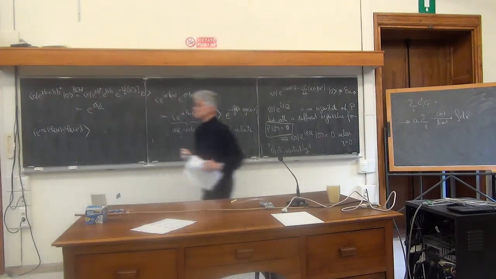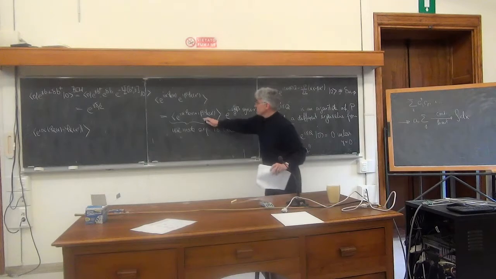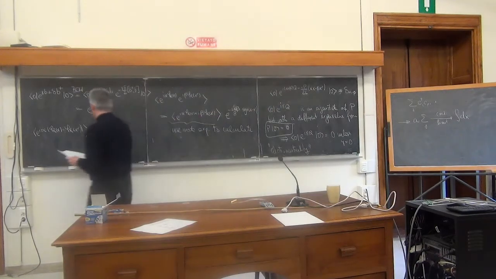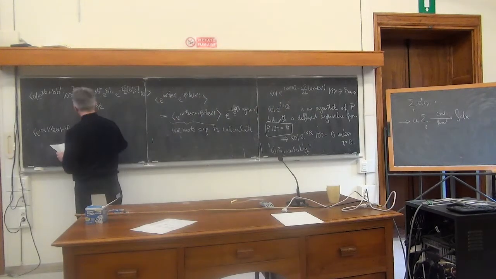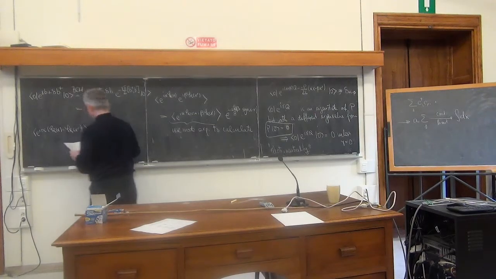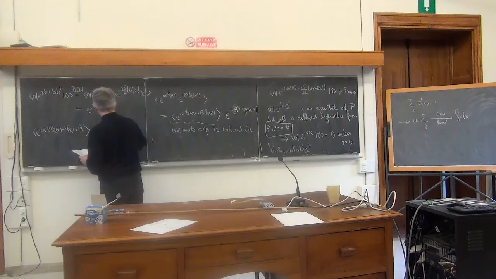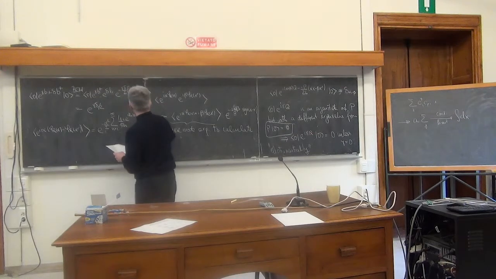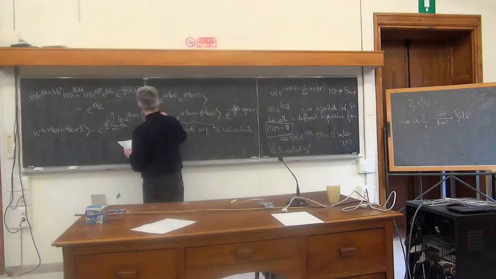So I first look at this expectation value, which is this one here. Okay. So that becomes e to the minus alpha squared over 2, sum n equals 1 to infinity, 1 over 4 pi n, and here you have 1 minus e to the i k n x minus x prime, 1 minus e to the minus i k n x minus x prime.